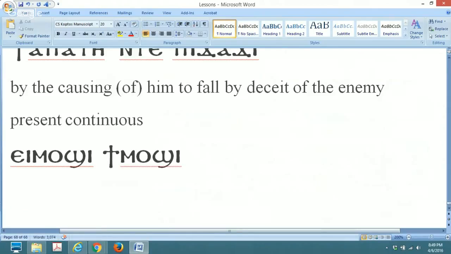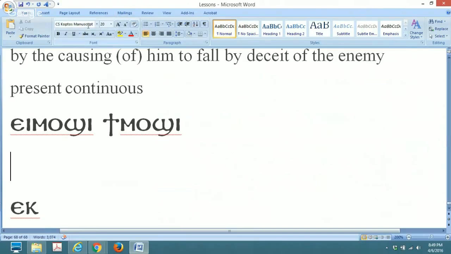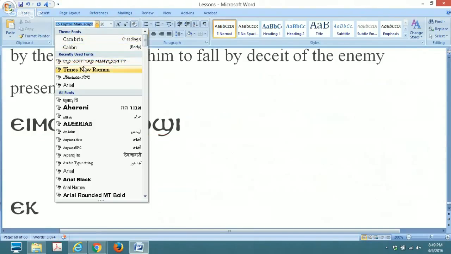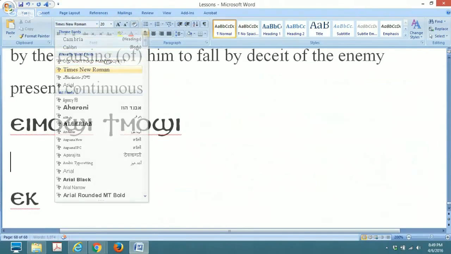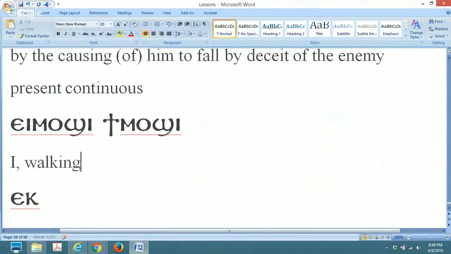A moshi versus t moshi means I walking versus I walk. So we'll see what it means here coming up soon. Okay. So basically, when you see the present continuous, you're going to add ing to the verb and then the person. So I walking.